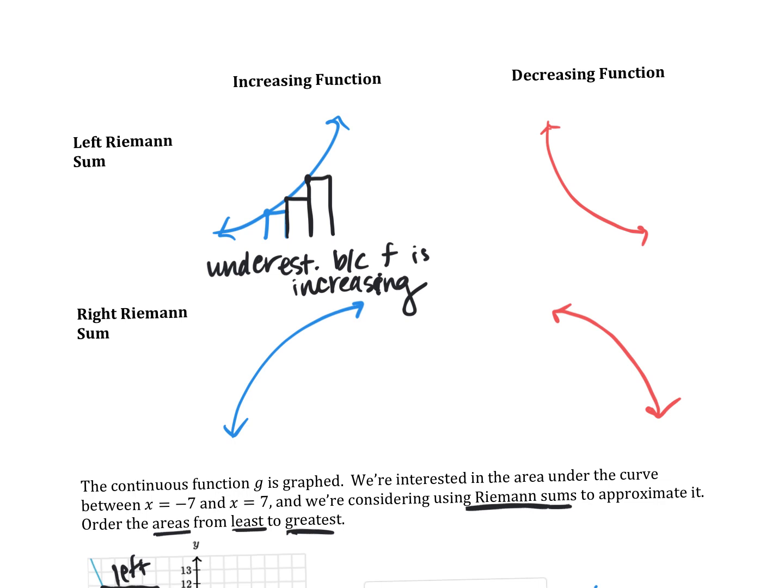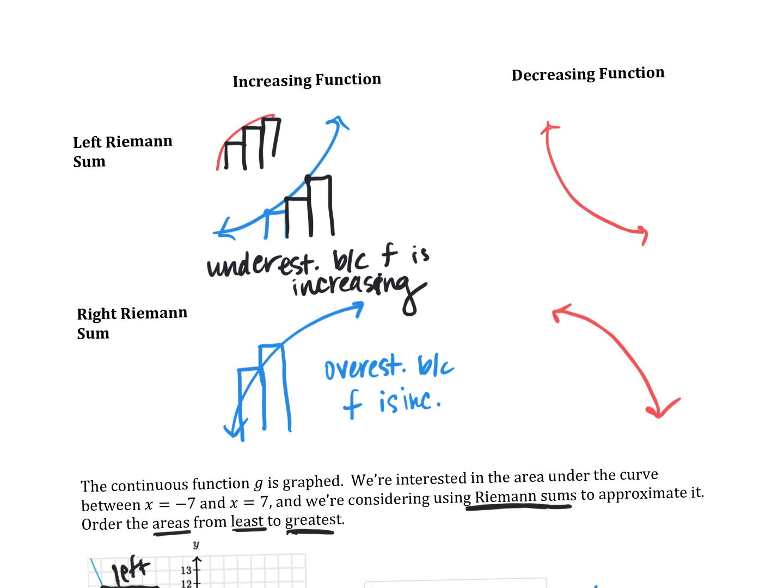So if I were to say increasing this way, is a left still an under? Yep, the concavity does not matter. How about a right Riemann sum with an increasing function? I'm going to say a right Riemann sum is going to be an overestimate. And the only rationale you've got to say is f is increasing.